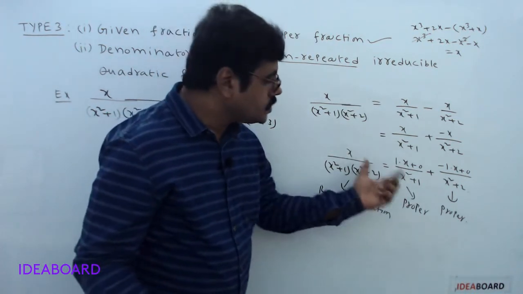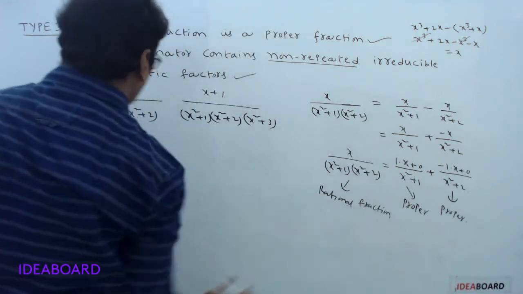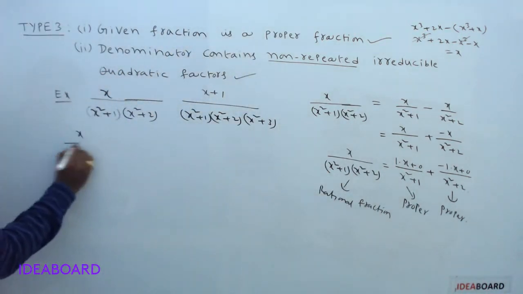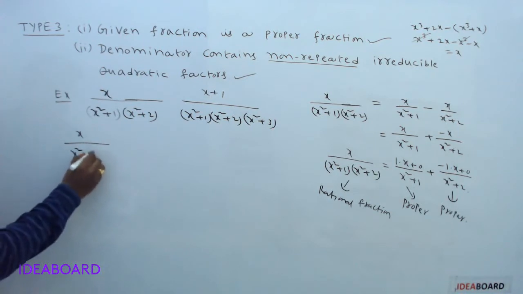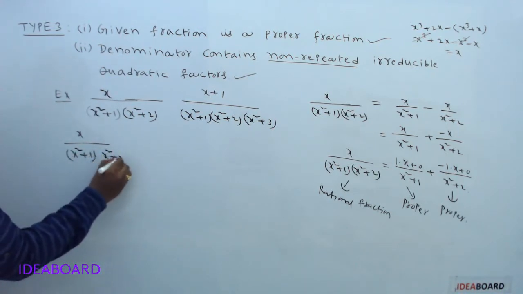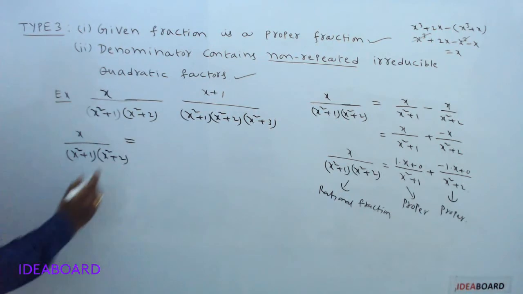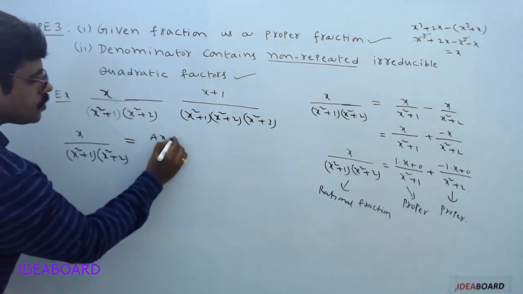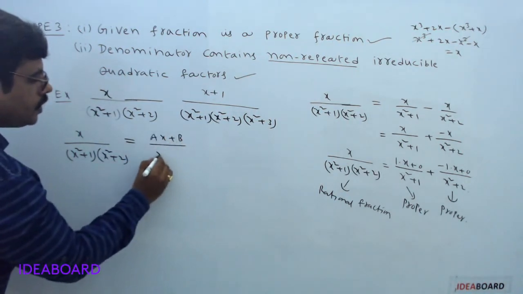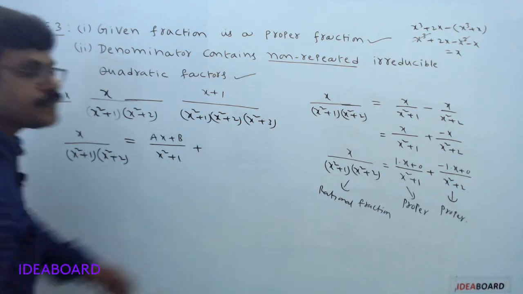So, in a general way, the partial fractions of x divided by (x square plus 1) into (x square plus 2) can be taken as (ax plus b) divided by x square plus 1.